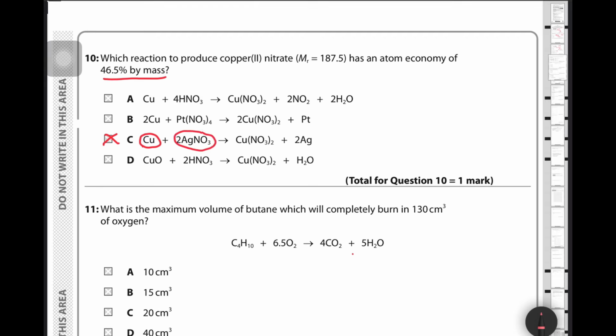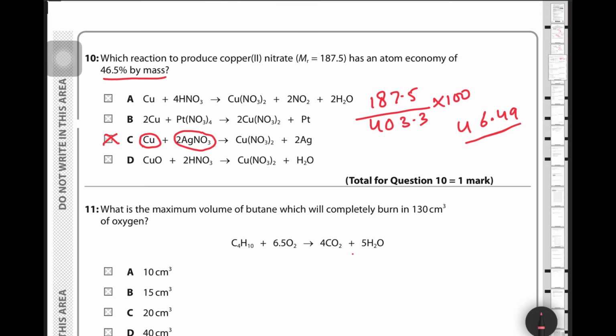You add them up together, you will get 403.3. And copper nitrate Mr is 187.5 times 100. So you solve this, you will get the answer 46.49, which is 46.5. So correct answer is C.